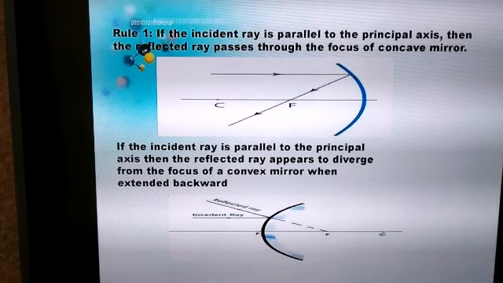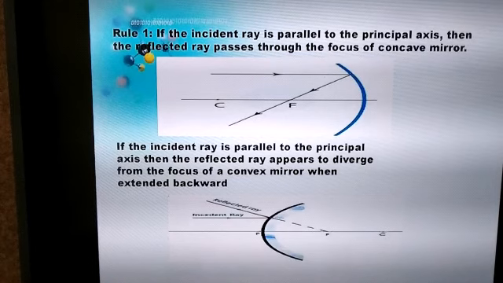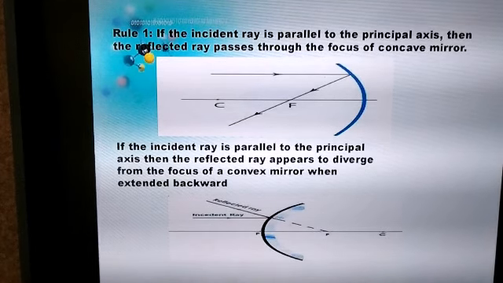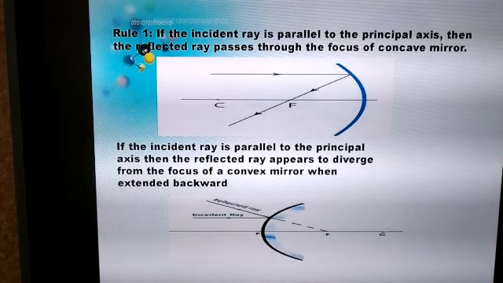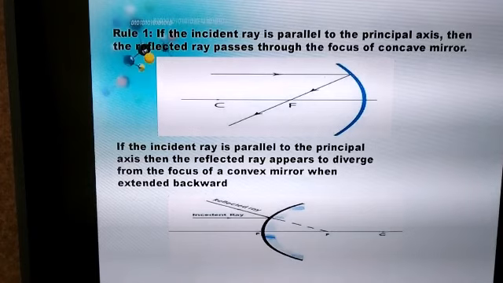So any two rays starting from the object are taken as the convenient incident rays for drawing the ray diagrams. So let us study the rules for drawing the ray diagram one by one.